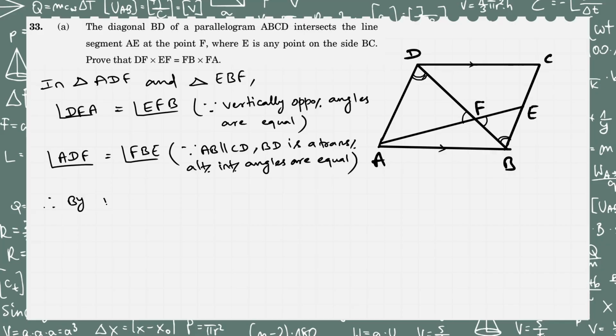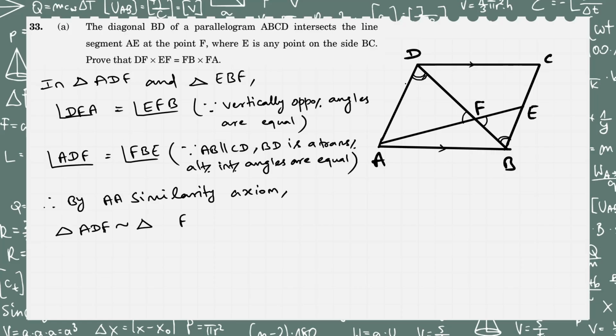Therefore, by AA similarity axiom, triangle ADF is similar to triangle. Let us try to write the vertices in the correct order. Angle at F and angle at F in the other triangle are both equal. F is located in the third position, so in the next triangle also F is positioned in the third place.